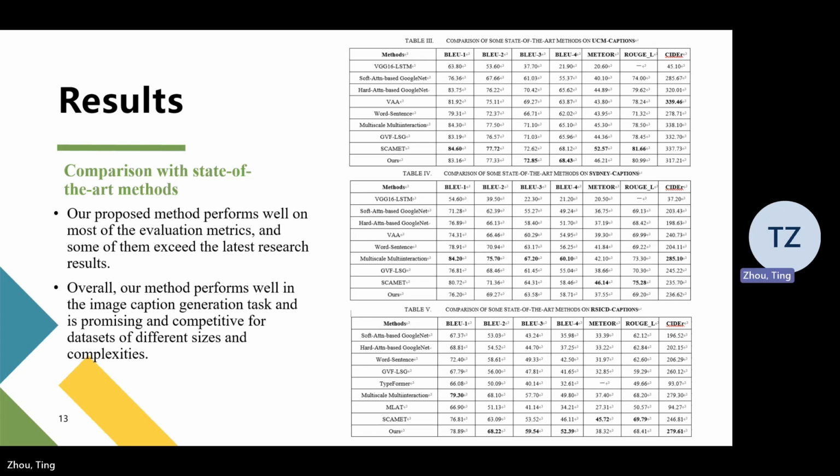As a whole, the proposed method performs well on most of the evaluation metrics, and bold fonts represent some of them exceeding the latest research. So it is a promising and competitive model for the remote sensing image captioning task.